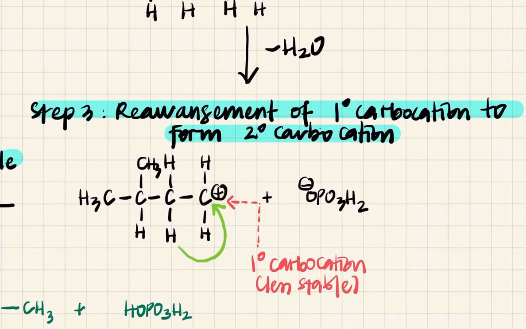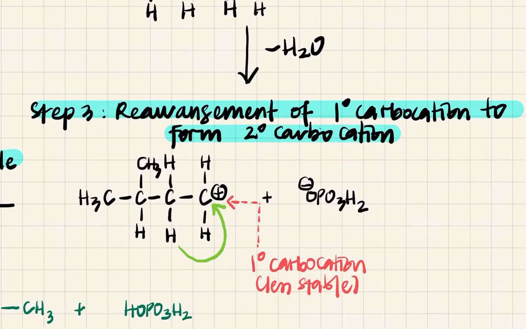So sekarang ni kita kena tengok the carbon next to this carbocation ion. So this carbon has hydrogens, tapi dia tak ada methyl group. So tengok, kita akan buat rearrangement. Kenapa? Sebab kita punya primary carbocation ion, it is less stable.